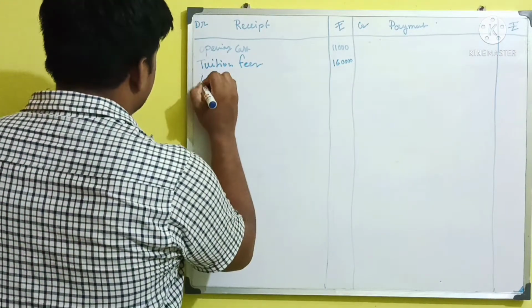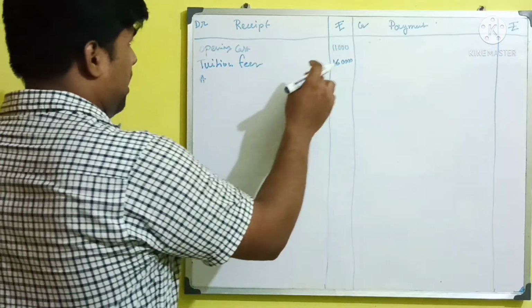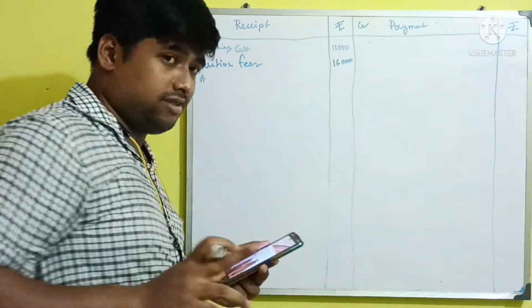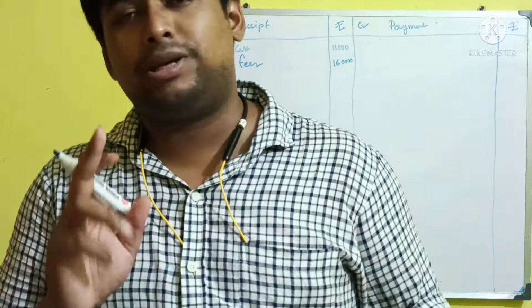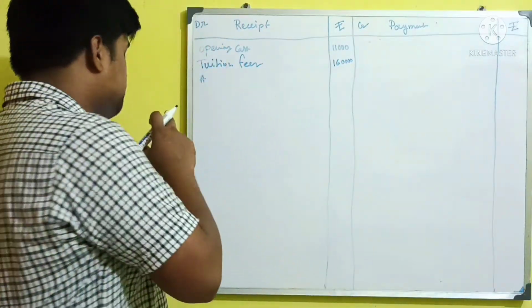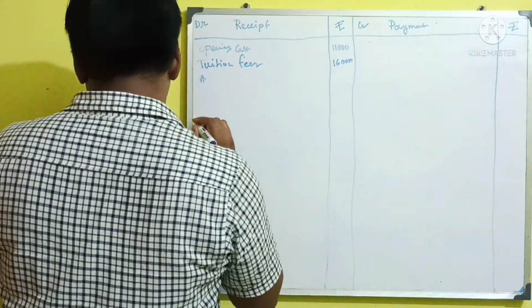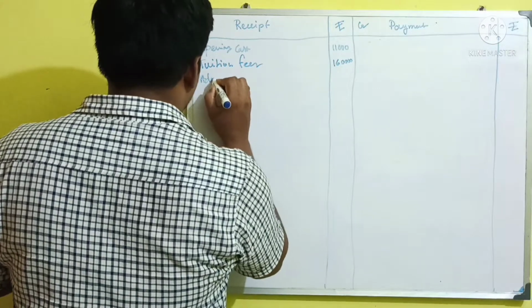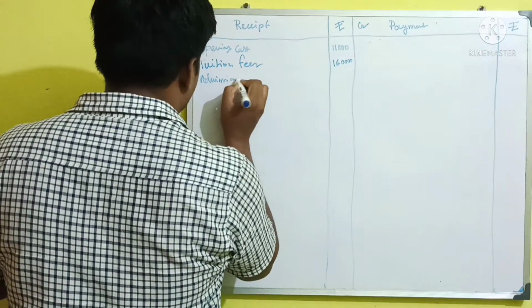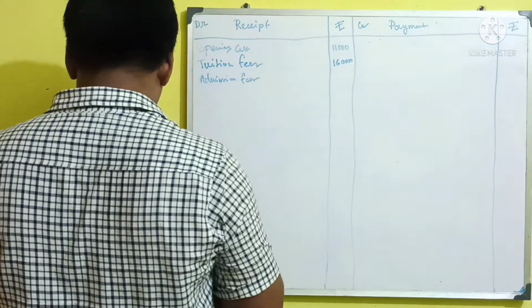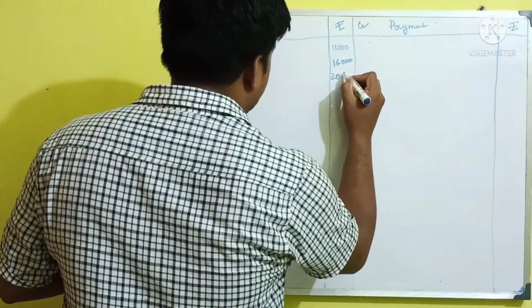Tuition fees are received because it is a college. For a college, the tuition fees obviously are a receipt entry. Also, the admission fees is the same. Admission fees 20,500.